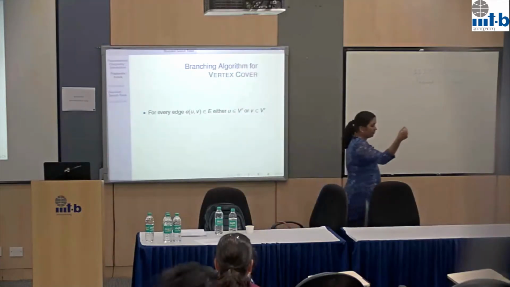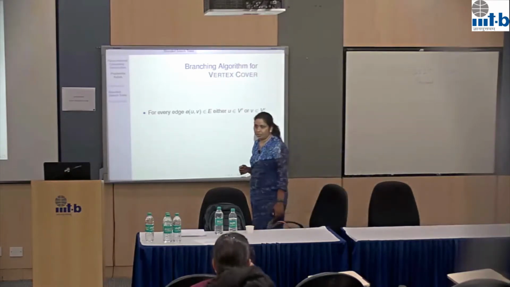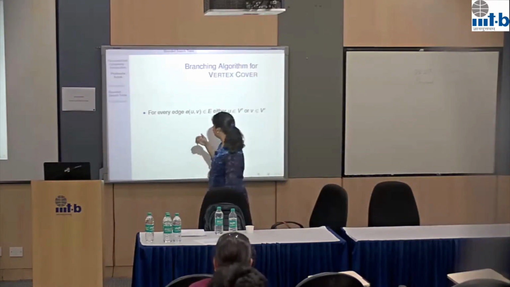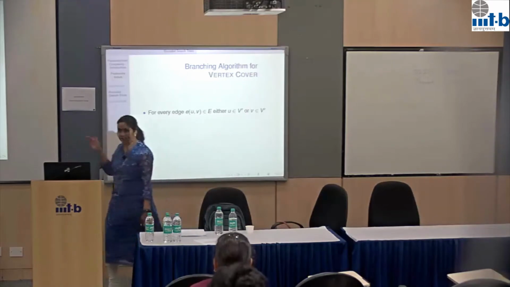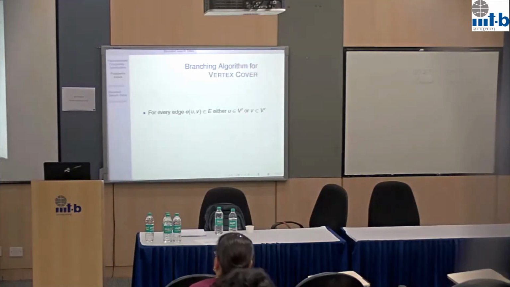We'll draw a tree where one branch considers the possibility that U is in the vertex cover, and another branch considers the possibility that V is in the vertex cover. It's an exhaustive search because you know that either U or V should be in the vertex cover, right?